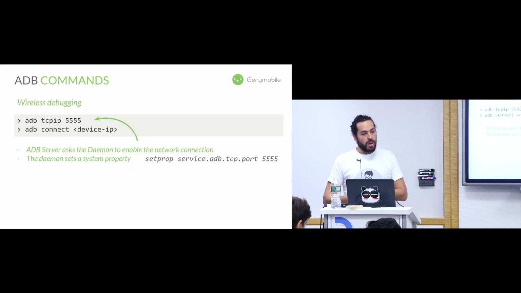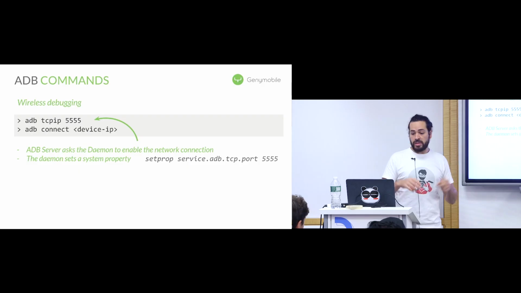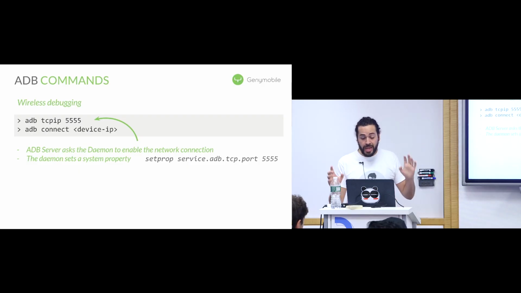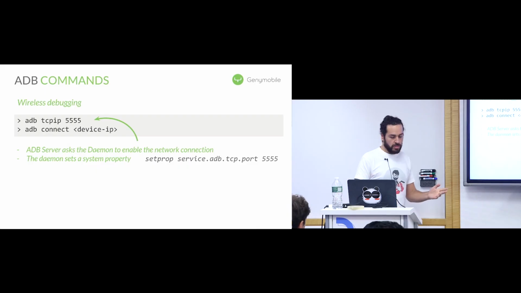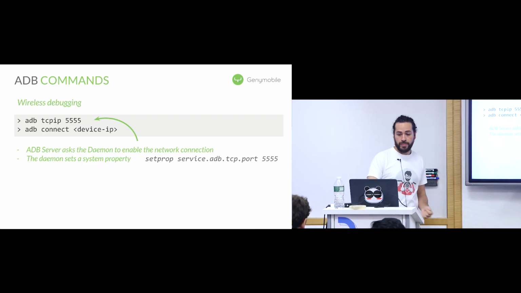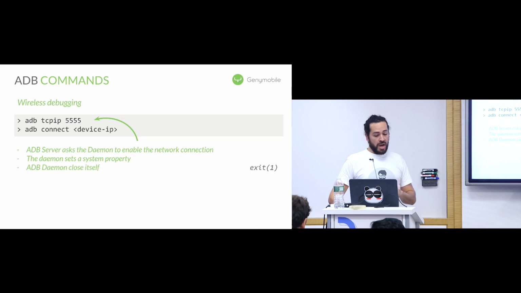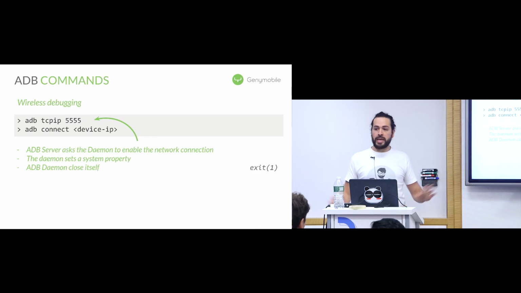Then, when the daemon receives this message, it will set a system property, like executing a setprop, and the name of this, I'm very bad at remembering, service.adb.tcp.port, okay? And 5555 for the value. So it will set a property. And after doing it, the daemon will close itself. It will call exit, and it will just go away.